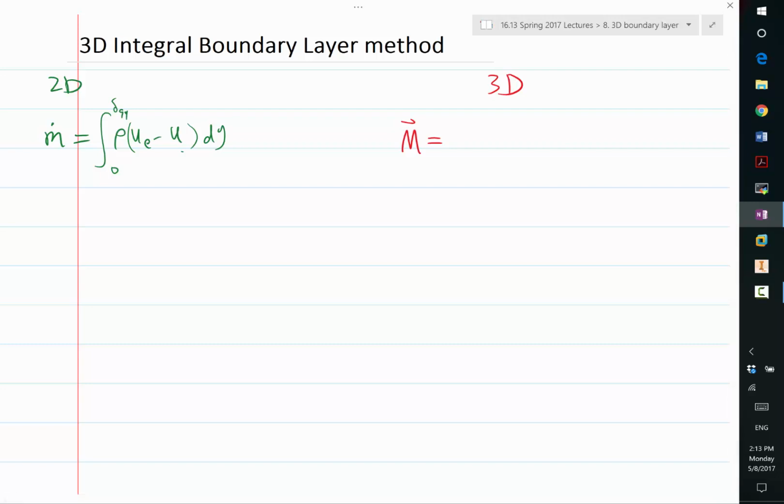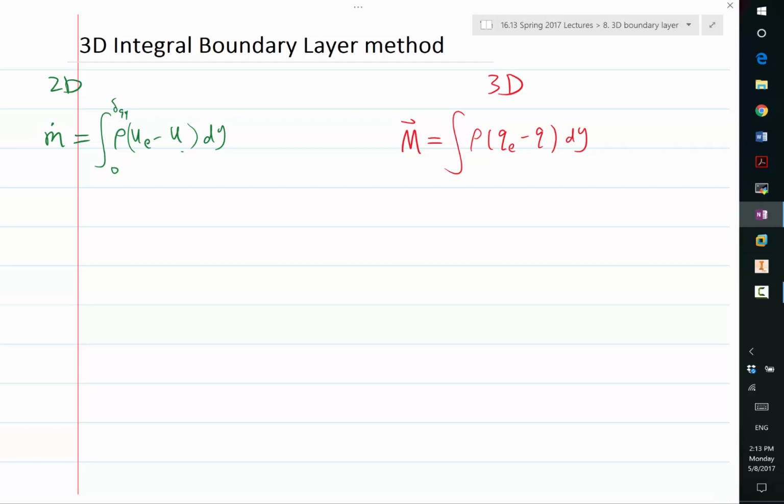Remember, we are doing a lot of 2-dimensional vectors. We can take divergence in the x and z directions, right? So this is another 2-dimensional vector that is a combination of x and z directions. So this is an integral of rho times, yes, use the q, right? Qe minus q dy. So that's the mass defect.